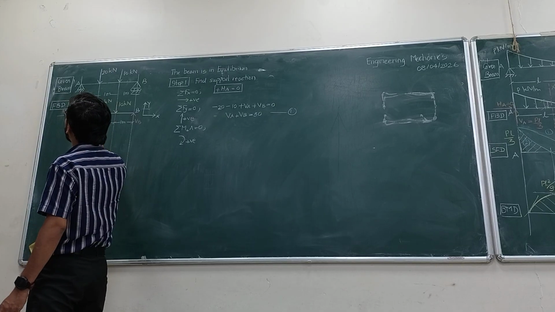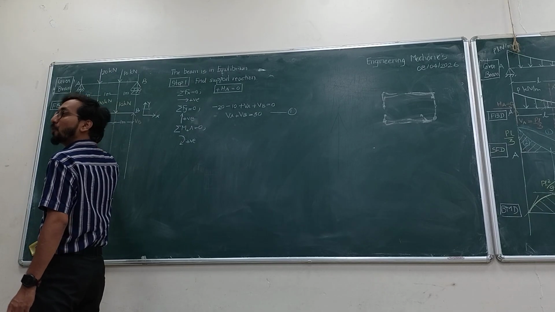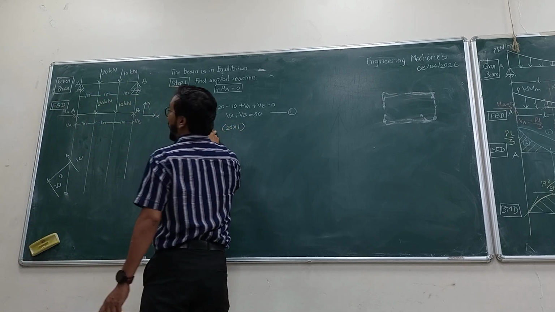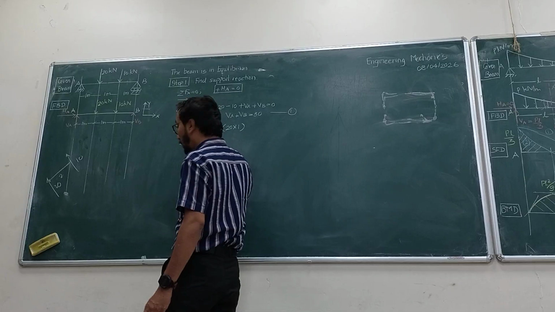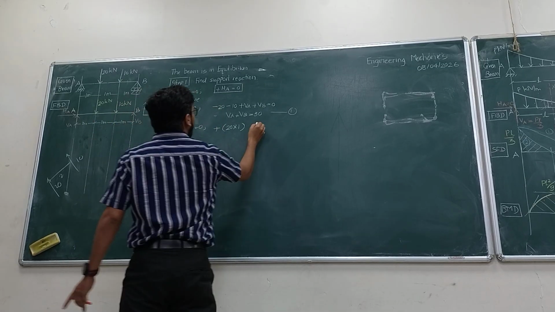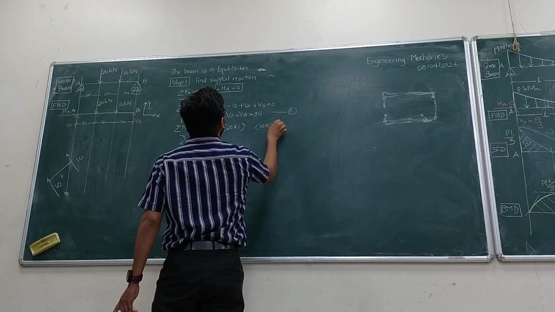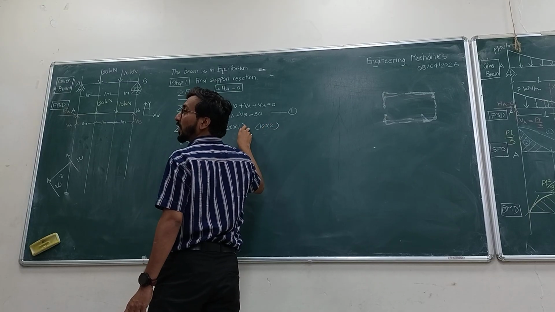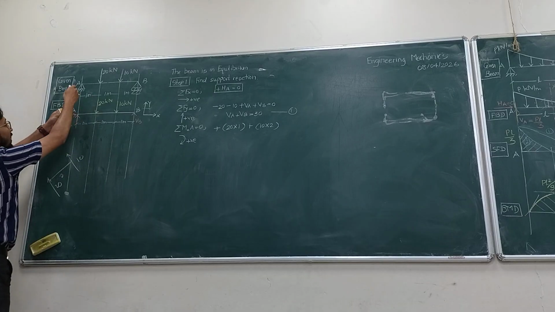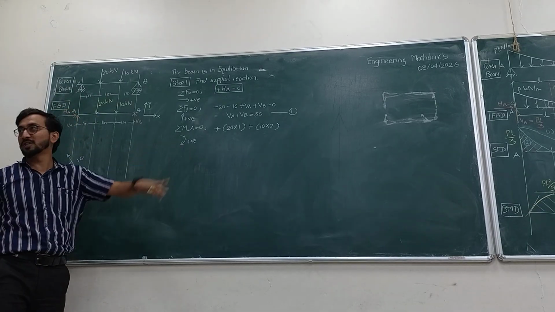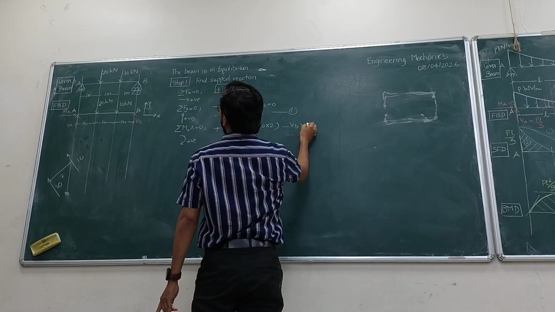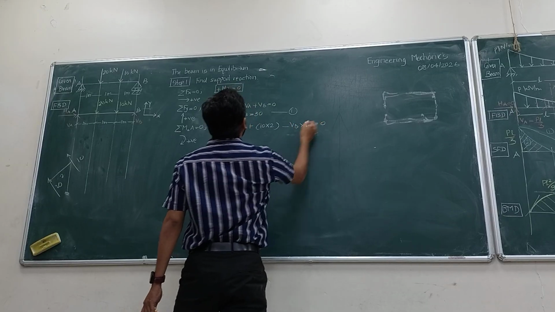What is the moment of 20 at this point? 20 into 1, plus or minus, clockwise. This 10 is at a distance of 2, so 10 into 2. Clockwise is positive, and on this end 10 is causing the clockwise moment. I have considered clockwise positive and the remaining minus VB into 3 is equal to 0. What is the value of VB?